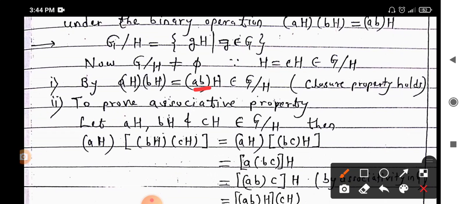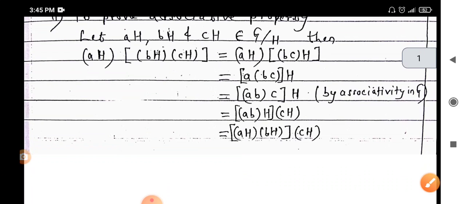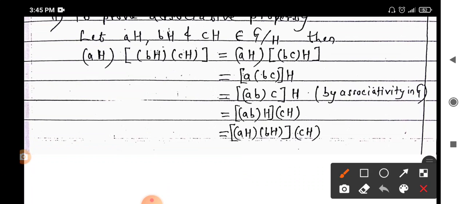Now to prove the associative property, let aH, bH, cH be elements of the factor group G by H. Then aH into (bH cH) is equal to aH into (bc)H.